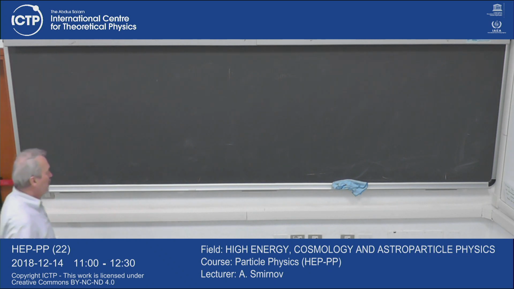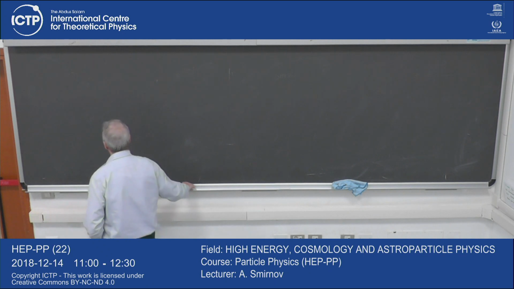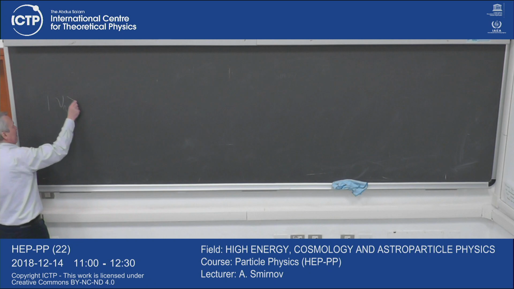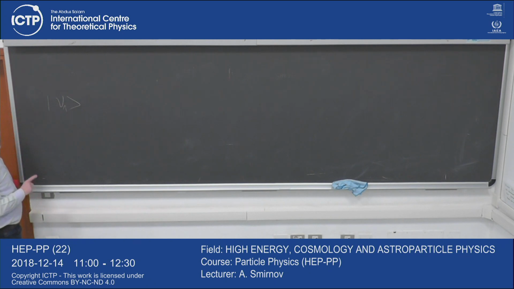Well, suppose you have just nu 1 arriving, and your detector is detecting nu e. So you have the process with nu e, and you ask, first of all, what is the overlap of nu e and nu 1.